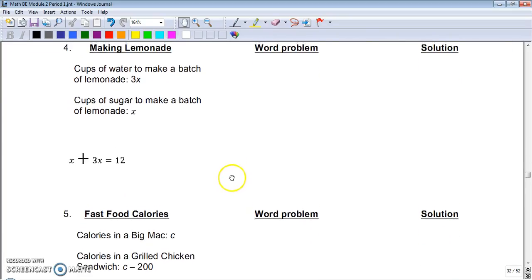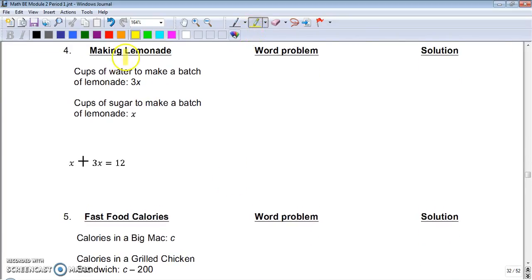Number 4 is about making some lemonade. We have cups of water, which is 3x, and cups of sugar, which is x. So I need to talk about that. And my equation gives me another fact, which is I'm going to add these ingredients or combine them for a total of 12, and this deals with cups, so 12 cups.